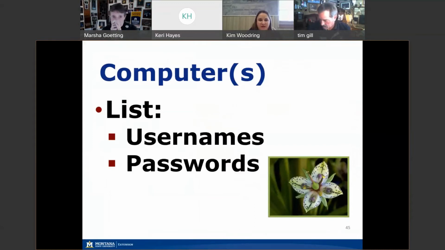When I help my grandpa with his computer and his phone problems, I make sure that he has a little notebook filled with each username and password, and then at the top I write what it's for. So if grandpa ever passes, we will have all of his information right there in his little notebook. You could just keep that by the computer and it would be very easy for your family to access, but make sure that they know where that is.